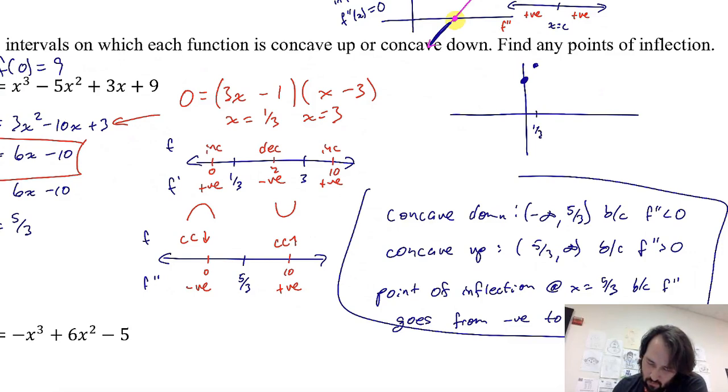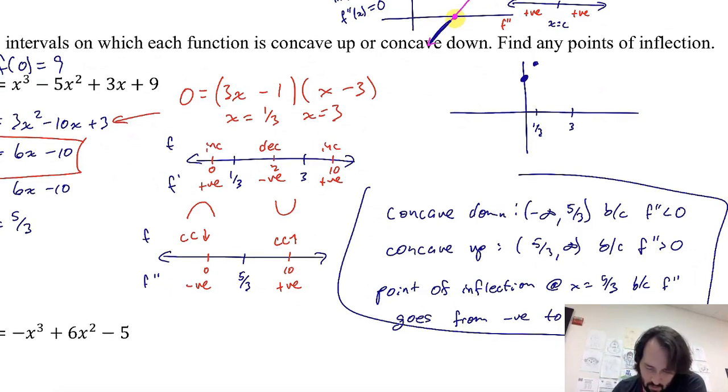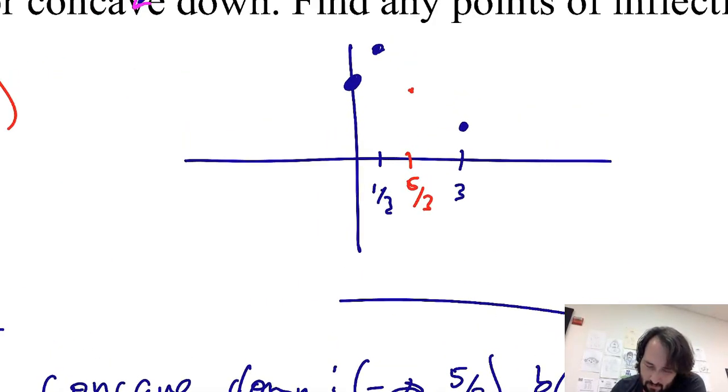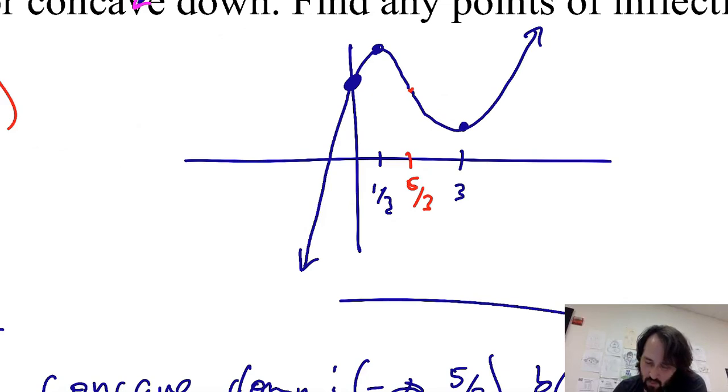And then I'm going to 3, and I have a minimum, right, so I'm going from decreasing to increasing. I'm concave down until 5/3. So what that tells me is at 5/3 I change concavity. So this graph, a pretty good estimate, would be something like this, and then it goes concave up to get to those minimum points.